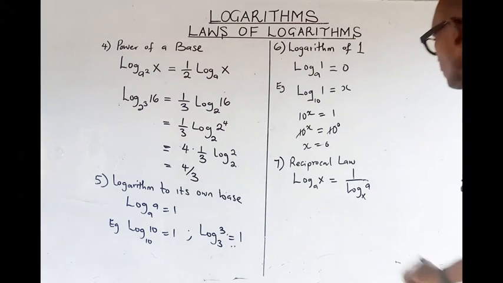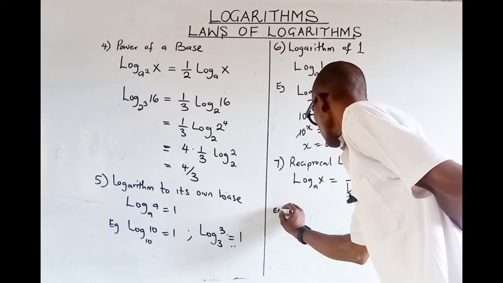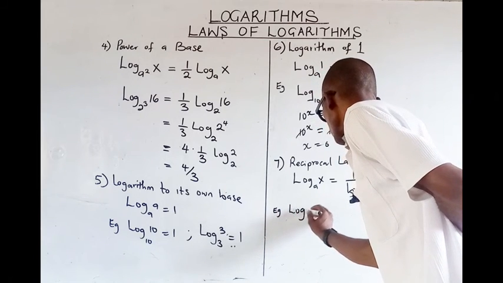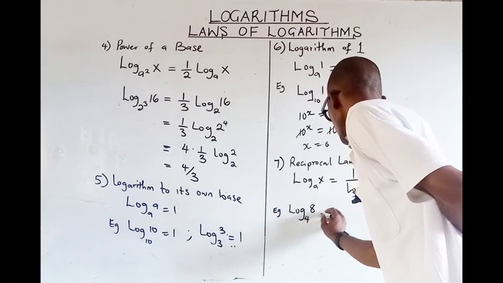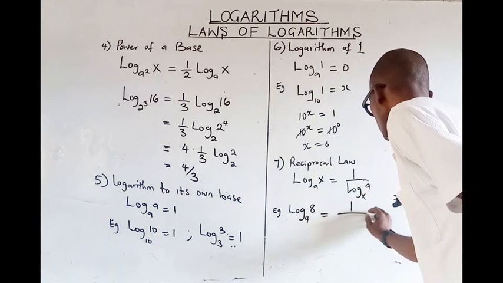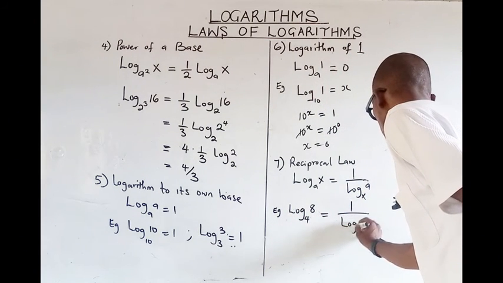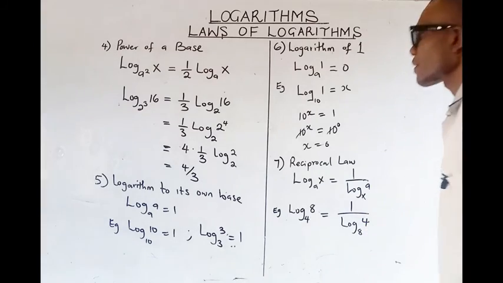That is to say, for example, if you have log 8 base 4, it is the same thing as 1 all over log 4 base 8.